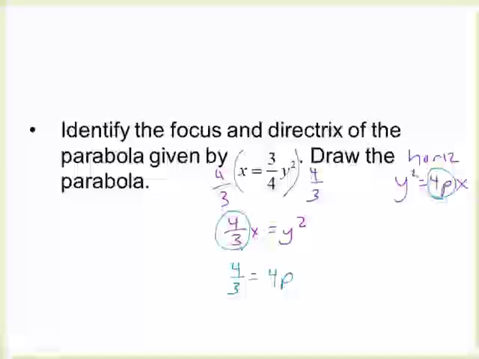How do I solve for p? I could divide by 4, but then I would be doing a fraction divided by a number, which is kind of weird. So what else could I do? Multiply by 1/4, and that would work just as well. But it's a little bit easier to simplify on the other side. 1/4 times 4/3 is 1/3.